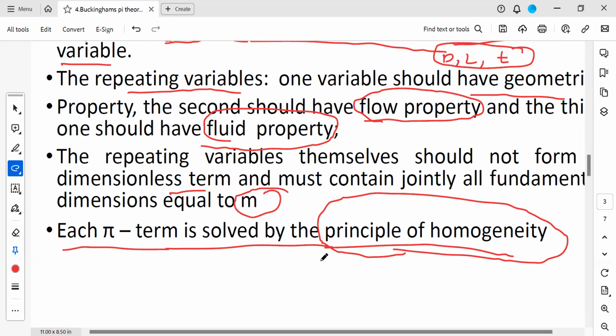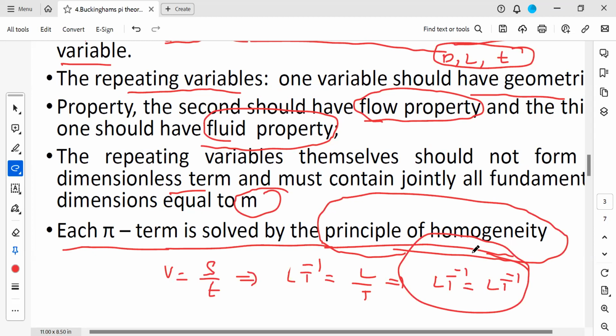For example, velocity is equal to distance by time. So the dimensions of velocity are L T power minus 1, and distance by time is L by T, that is L T power minus 1. L T power minus 1 equals L T power minus 1, so the equation is said to be dimensionally homogeneous.